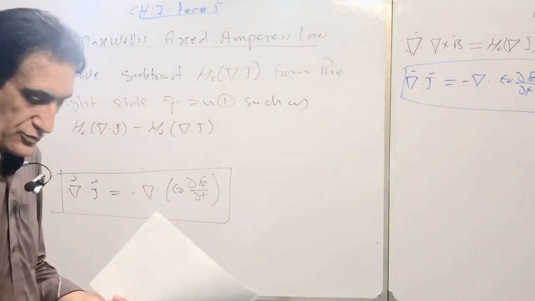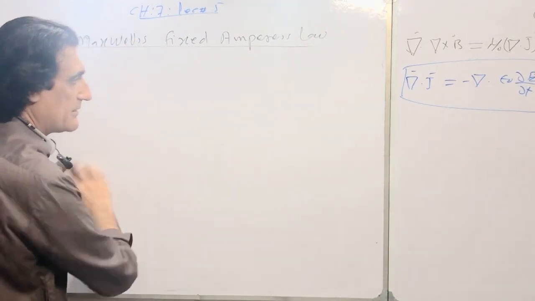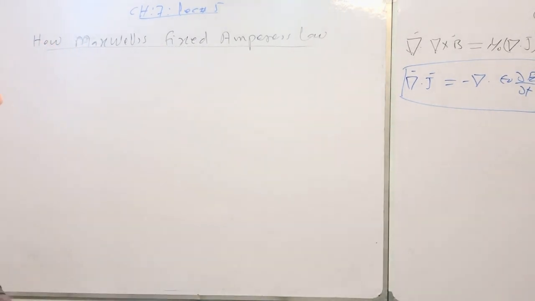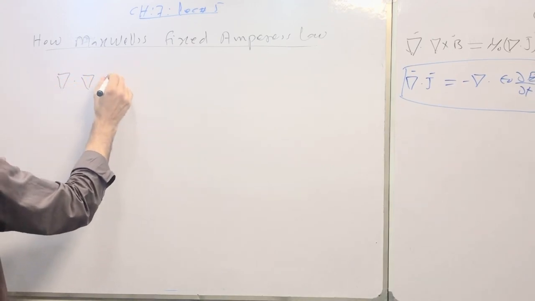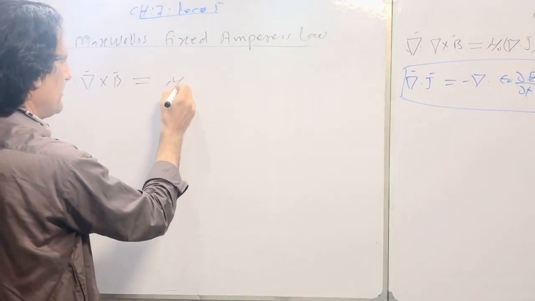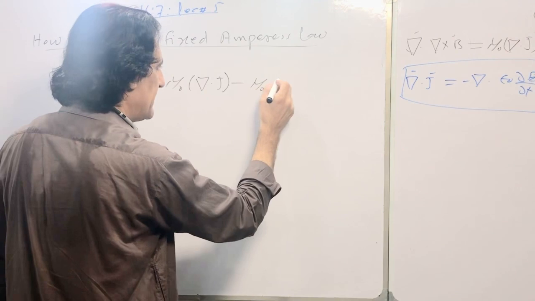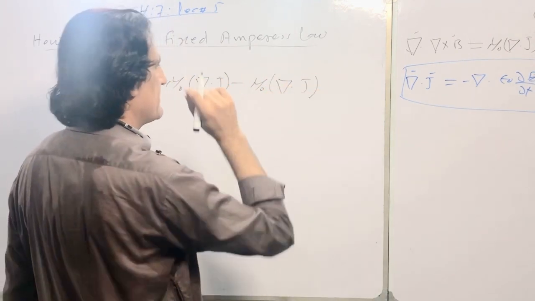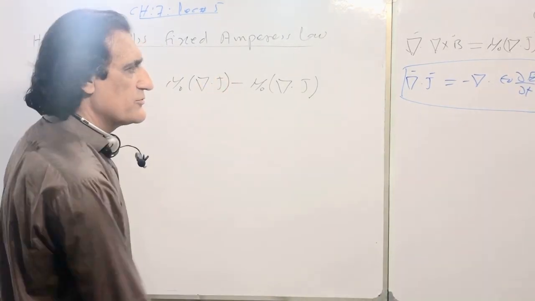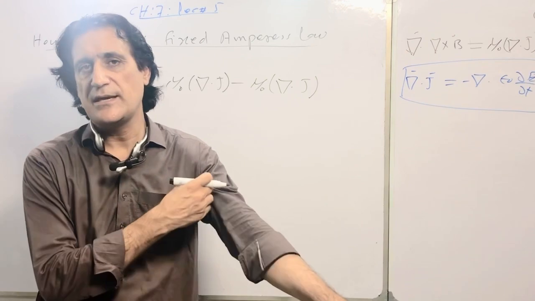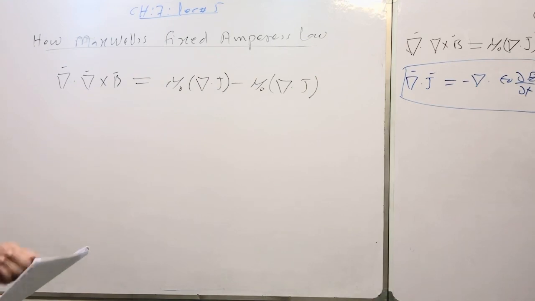And I want to erase this, and del dot del cross B, which is equal to mu naught del dot J. This is the first term. And if I subtract del dot J from this, then now this will be equal to 0 and this will be equal to 0. Now it is clear that this equation is correct.